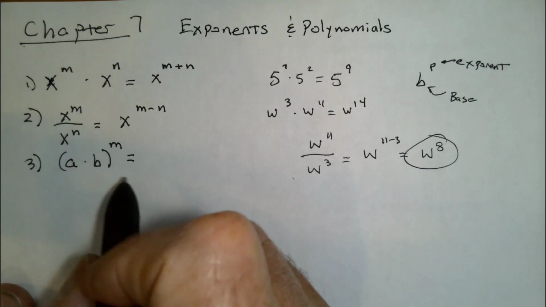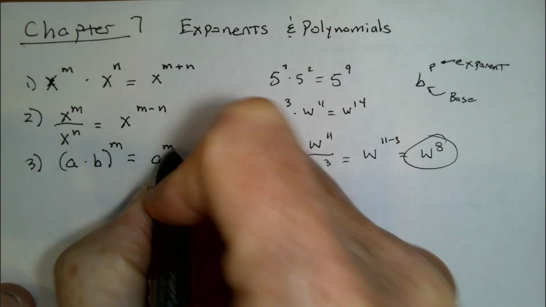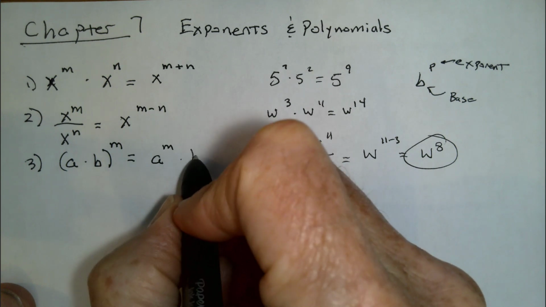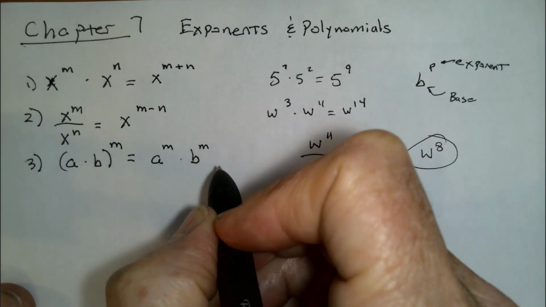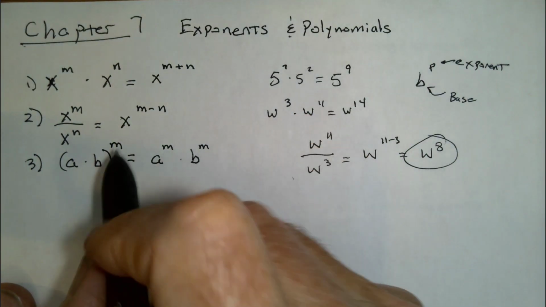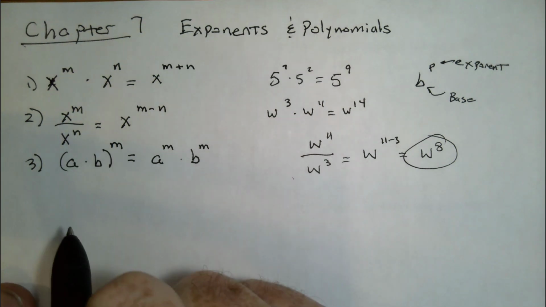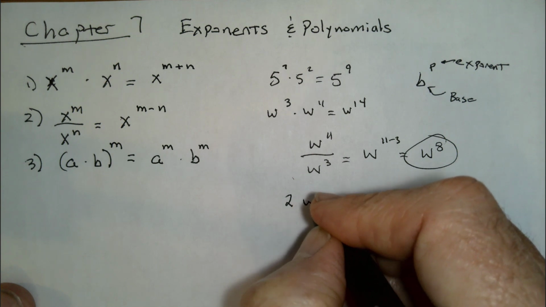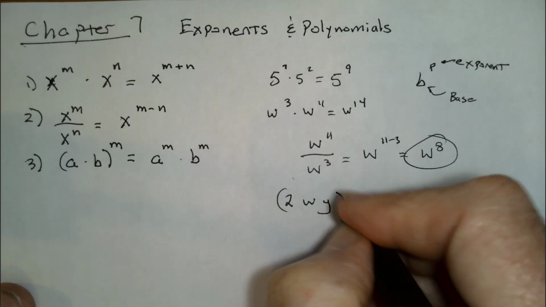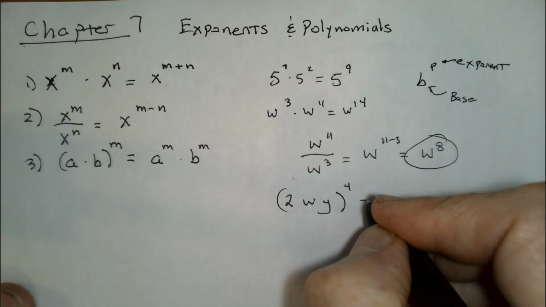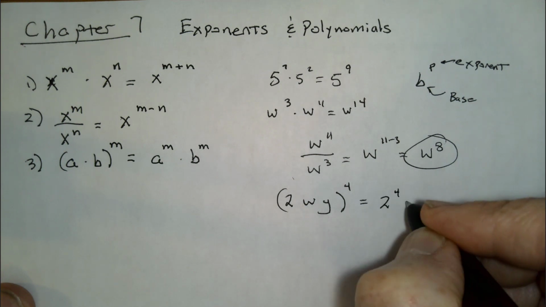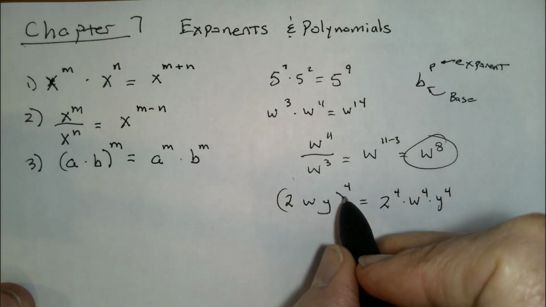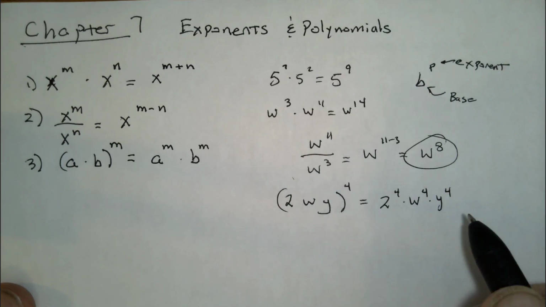When it's all done, we're going to have A multiplied by m factors of A, and B multiplied together with m factors of B. So the exponent applies to everything in the parentheses. If we had 2wy raised to the 4th power, that would be 2 to the 4th power, w to the 4th power, y to the 4th power. Notice how the 4th power applied to every factor inside.